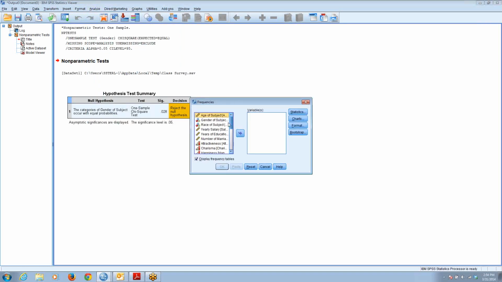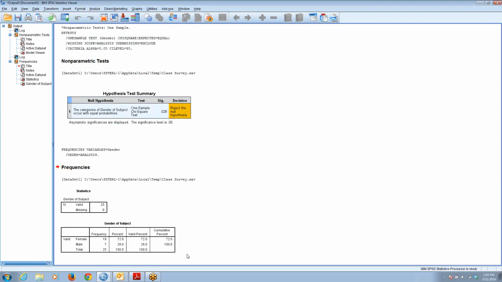Descriptives, frequencies, gender, okay. And then what you can see is we have 18 women and 7 men. So that should fit, right, you guys? Ordinarily we'd see 12 and 13 or something like that. That would be 50-50.